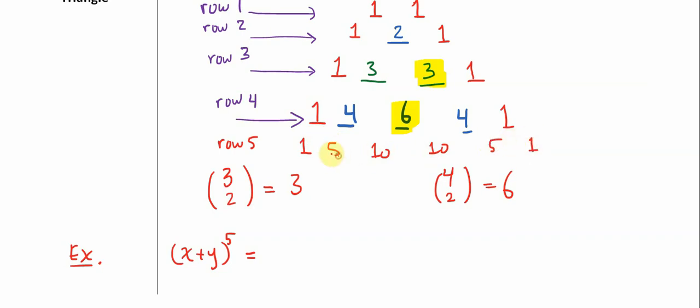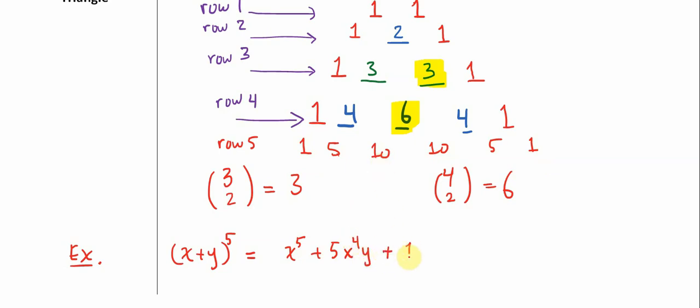Okay, so the binomial theorem tells us that the coefficients are going to come from 5 choose 0, 5 choose 1, 5 choose 2, 5 choose 3, 5 choose 4, and 5 choose 5. Well, rather than typing that in a bunch of times into a calculator or a computer, we can actually extract it really quickly, right? So the first coefficient is going to be 1, x to the 5th. The second coefficient is going to be 5, x to the 4th, y to the 1st.